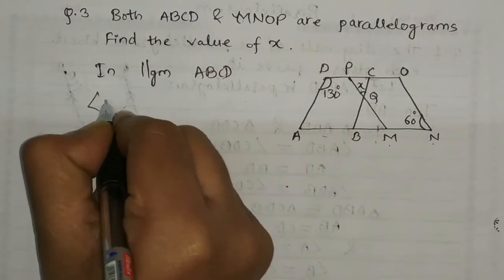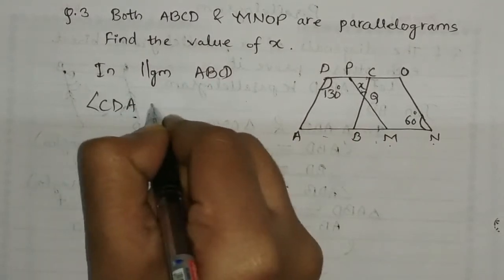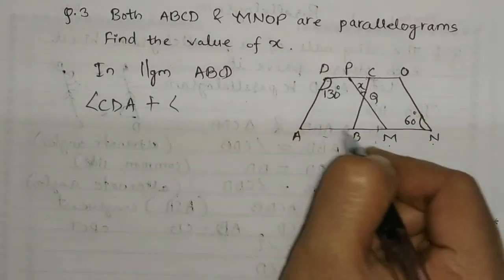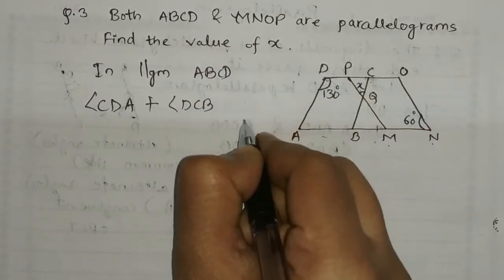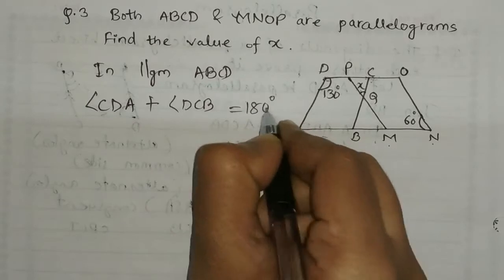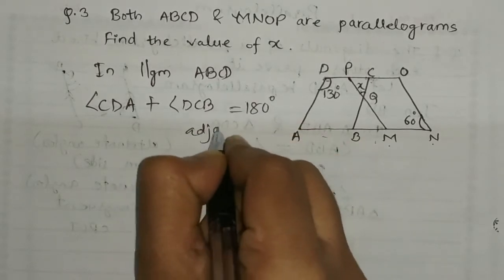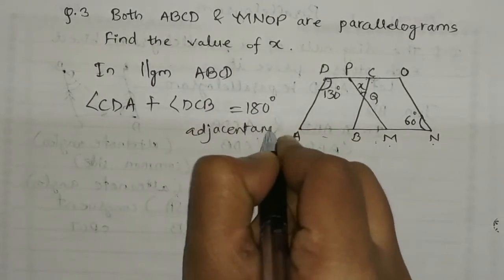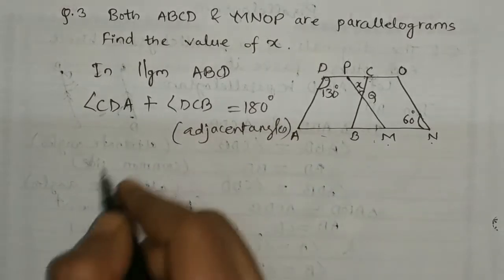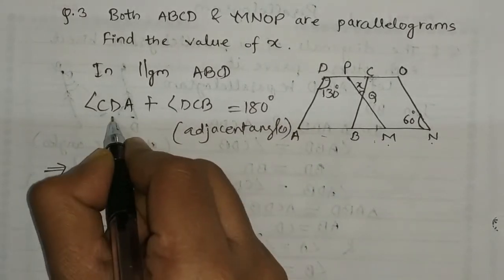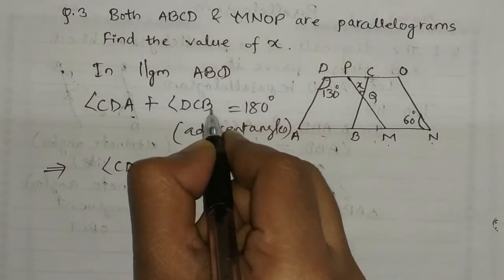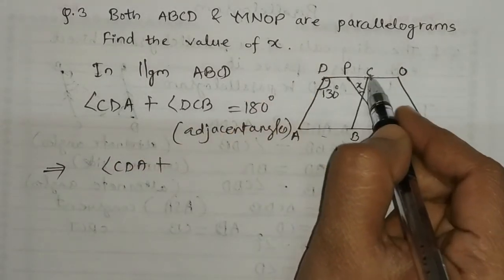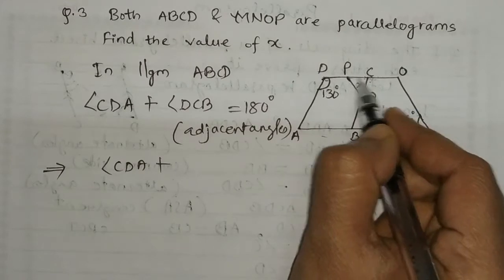So I can write angle CDA plus angle DCB. These two angles are supplementary, so you can write 180. The reason is that they are adjacent angles of a parallelogram, so adjacent angles are supplementary. Now I will write this CDA, and instead of writing DCB, I can replace it with PCQ, this angle.